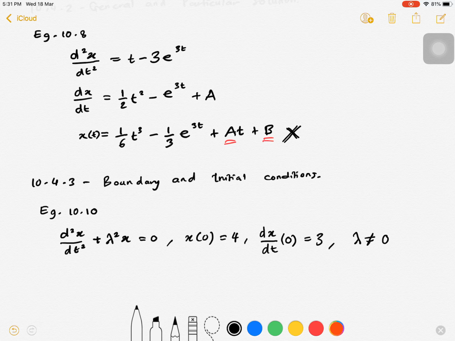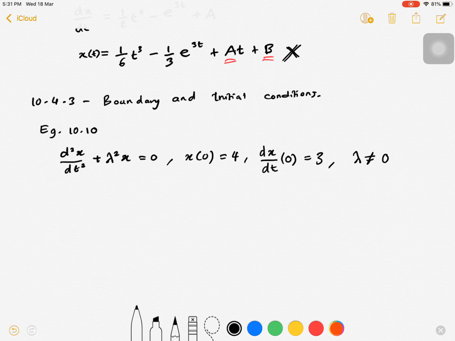Okay, so how to solve this is we can integrate twice again to get both the dx dt and x function or equation.